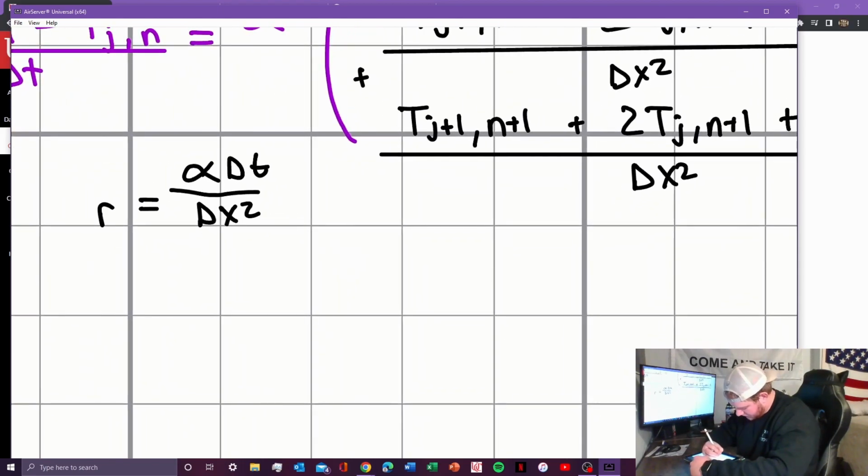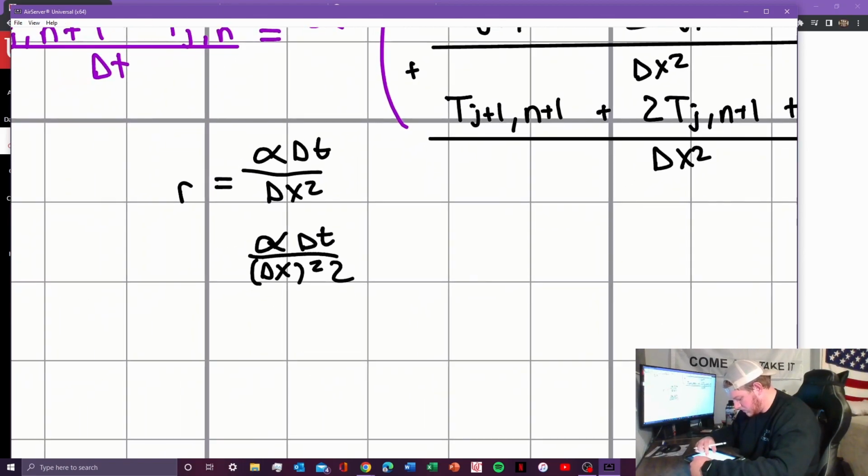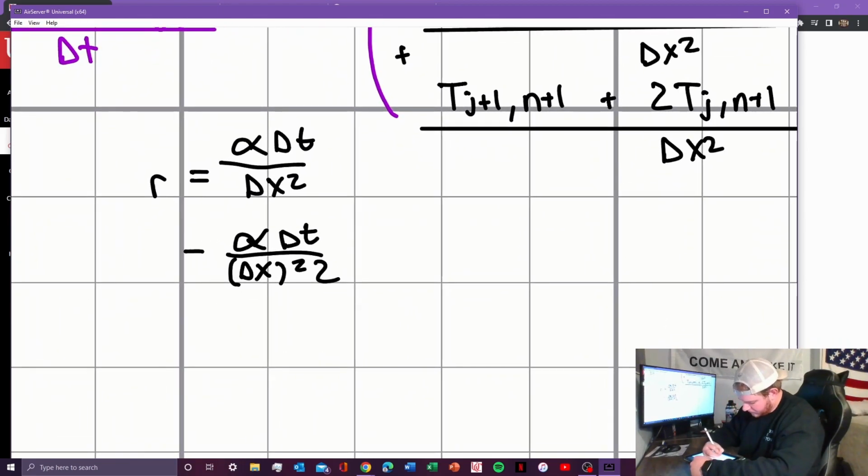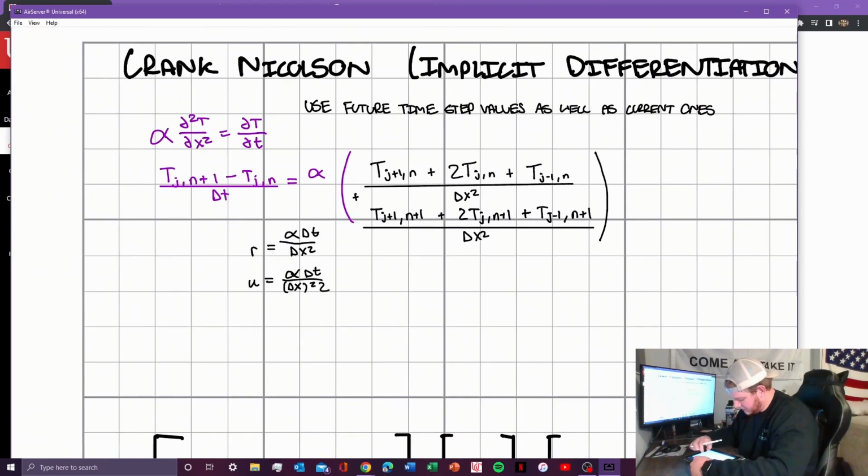We have theta dt over dx squared times 2. So this new value we are going to call u for this implicit differentiation.